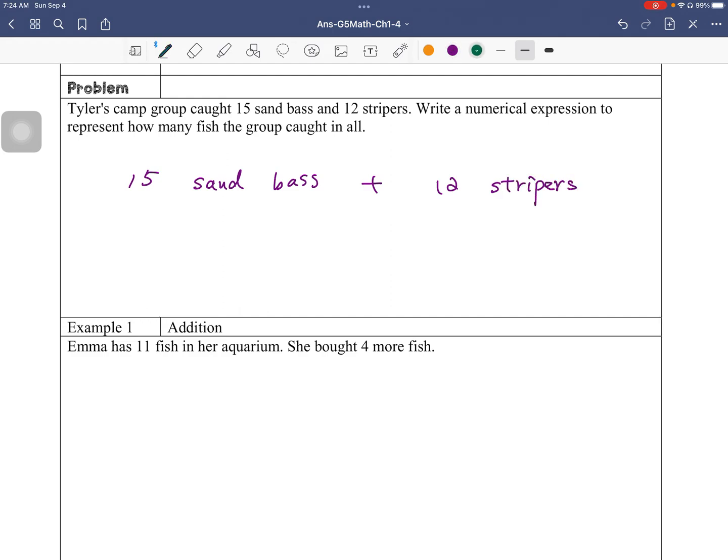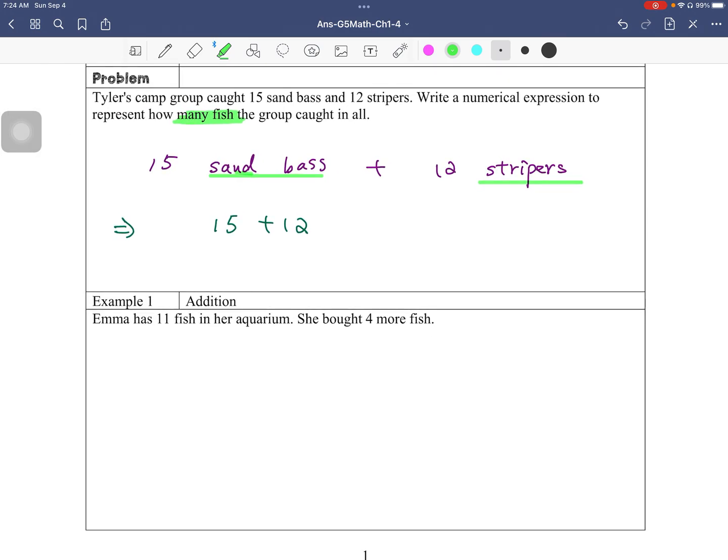So the numerical expression will be 15 plus 12. So remember, these two are both fish. So fish and fish added up total. How many fish?